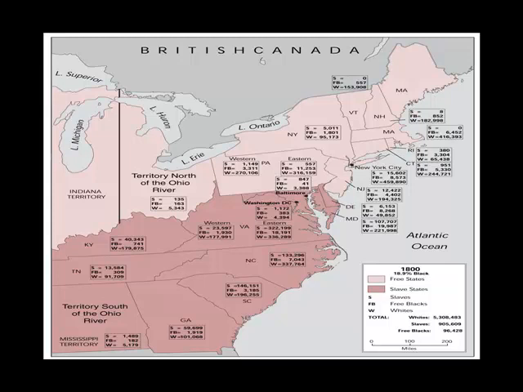Tennessee had become a state in 1796. By 1800, the population in Tennessee included over 91,000 whites, over 13,000 slaves, and 309 free blacks.